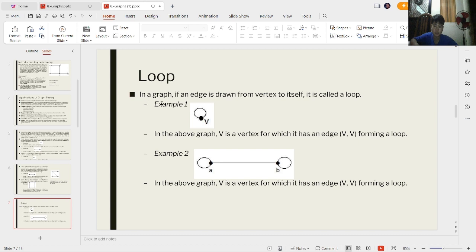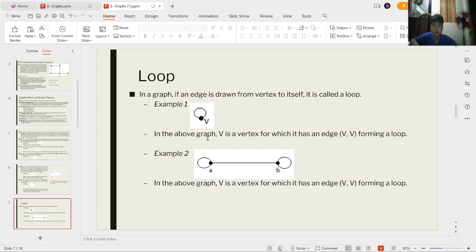A loop in a graph is an edge drawn from a vertex to itself. It's called a loop. So this is a loop. This is the dot, and this is the vertex pointing to itself.